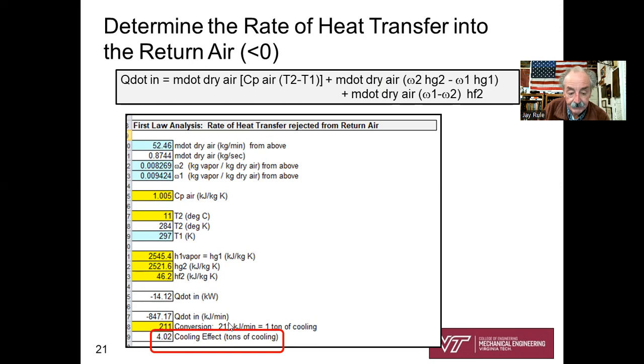Okay, 211 kilojoules per minute equals 1 ton of cooling. And so I divide negative 847 by 211 to get 4.02 tons of cooling. And I dropped the negative sign because I said tons of the cooling effect. That's why I was able to drop the minus sign. I didn't say heat added. So 4 tons of cooling.